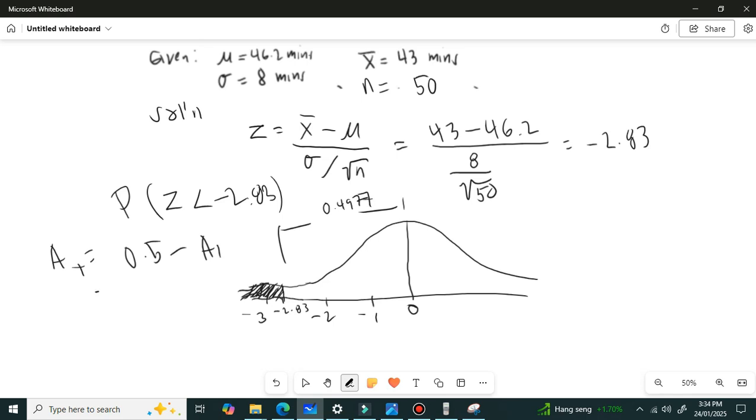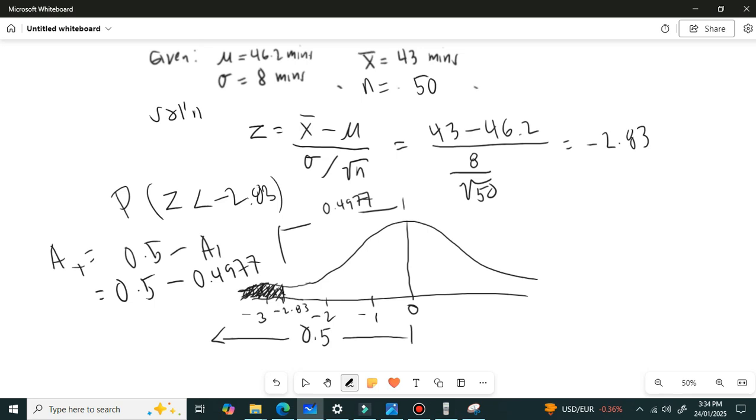We have the area at 0.5 because from 0 to the left side, that is 0.5. So the half of our curve is 0.5 minus the area 1, which is from 0 to negative 2.83, that is 0.4977 from the table. The entire half minus this one will give us this area.